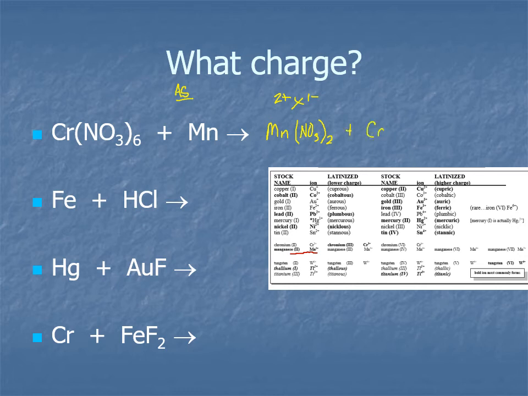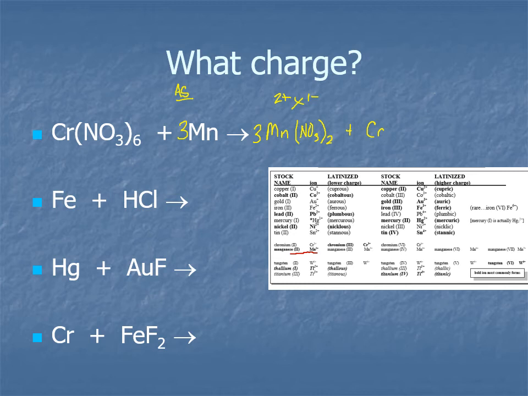Chromium can be just written this way. It's not one of the 7 diatomics, so I don't have to worry about chromium other than just writing Cr down. It's okay as a single atom. I should balance, though. With the nitrates, I have 6 nitrates and only 2 nitrates, so 3 times 2 is 6. 3 manganese, 3 manganese, and then 1 chromium and 1 chromium, so that one actually balances.